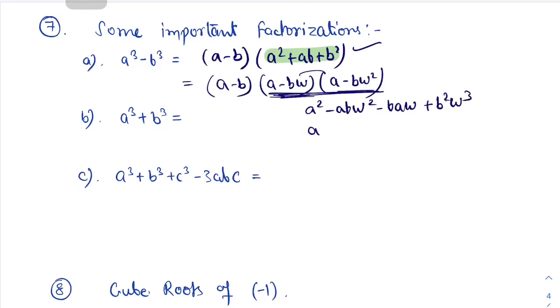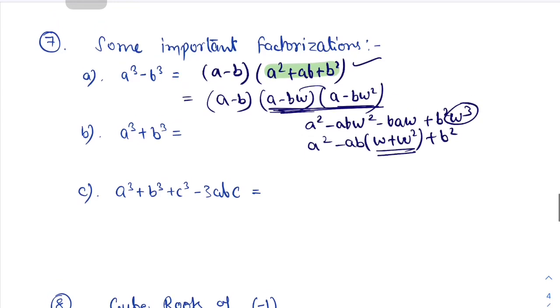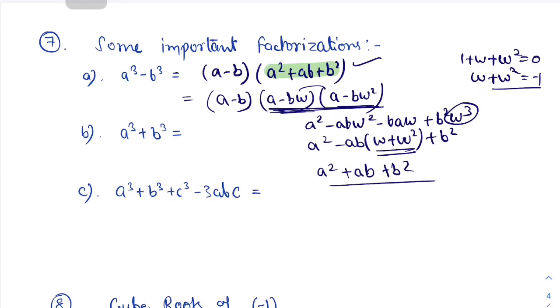So this is a square minus ab times omega plus omega square, plus b square, because omega to the power 3 is 1. What is the value of omega plus omega square? 1 plus omega plus omega square is always 0, so omega plus omega square is equal to minus 1. So we are left with a square plus ab plus b square.